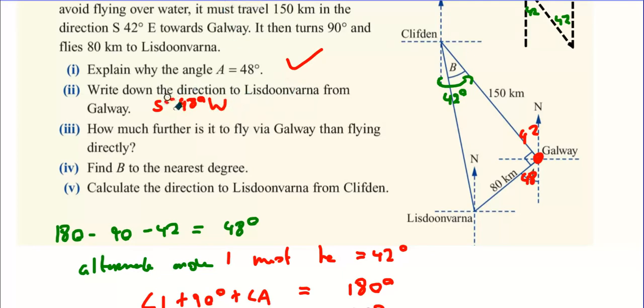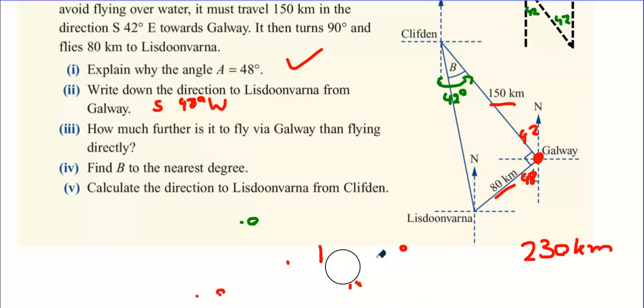That doesn't matter. Next thing, how much further is it to fly via Galway than flying directly? Okay, well, if you add 150 and 80 together, it's 230 kilometers traveling through Galway. But if we use Pythagoras' theorem, because this is a right angle triangle, we should be able to find out the distance a direct flight will take. And the direct flight is basically this blue line here.